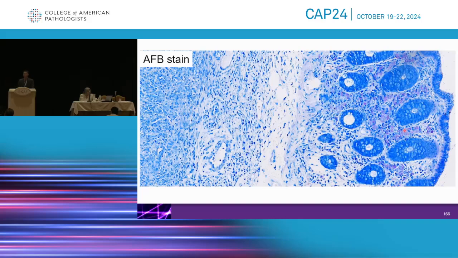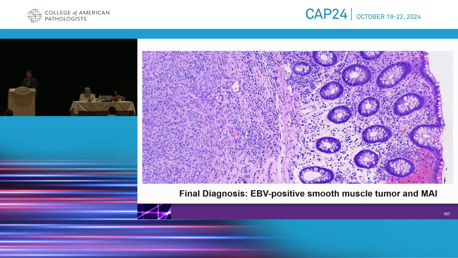So the mucosa totally normal, endoscopically normal, microscopically normal, but we do see these ones. So I retrospectively reviewed H&E again. I do see the clusters of histiocytes. If I did not do AFB stain, I would miss this mycobacterial infection. So now the diagnosis is EBV positive smooth muscle cell tumor with concurrent MAI infection.